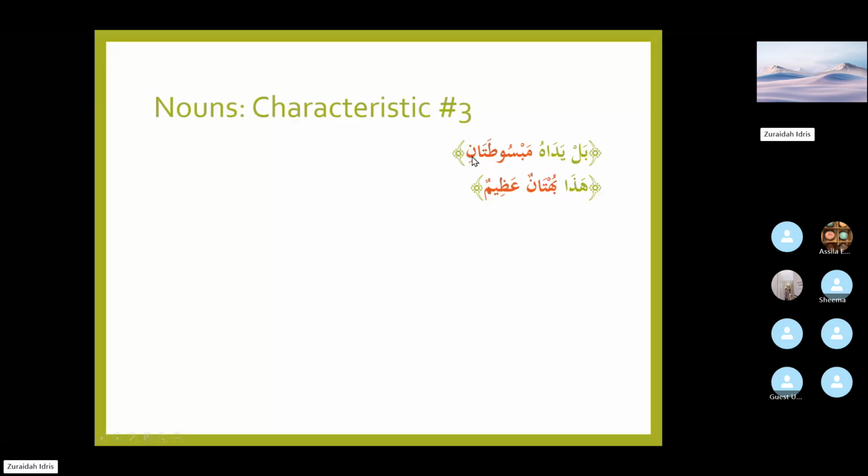Second, the rule was alif, nun with kasra. This is nun with two dhammas, dhammatain. So this is not dual. This is still singular. Do you understand? Okay, good. So this whole thing is still one word. Buhtanun is one word.